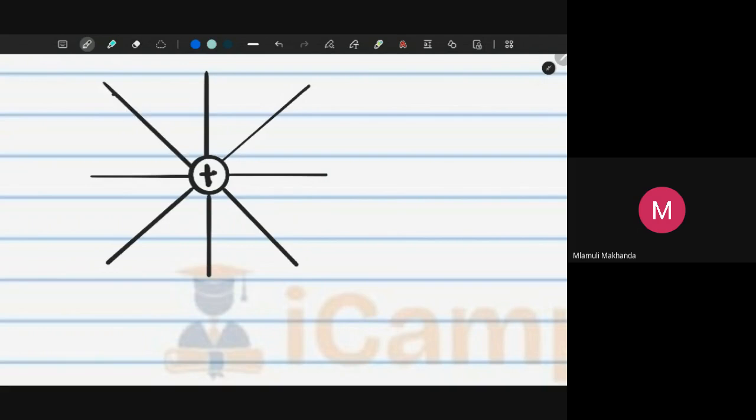You know that for a positively charged sphere or point charge, the field lines have arrows pointing away from the center, like this.